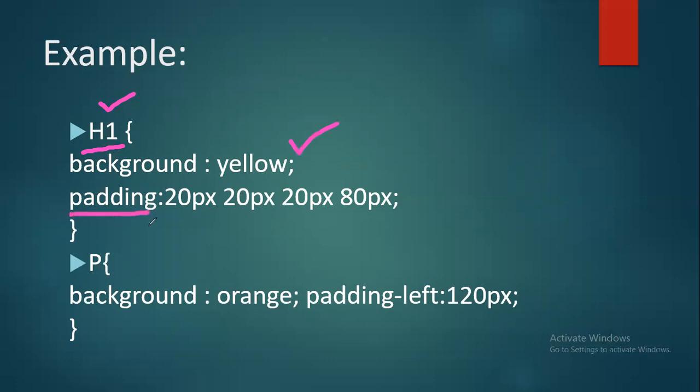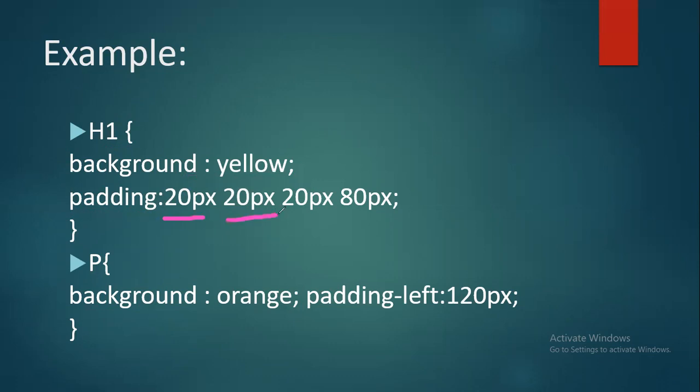Okay, for example, you wanted to define all the padding properties in one line, then you can define it like this. You will write padding colon, then this is the value for the padding top, and then this is the value for padding right, and this is the value for padding bottom, and the last one is the value for padding left. So this way you can define the values for the padding.